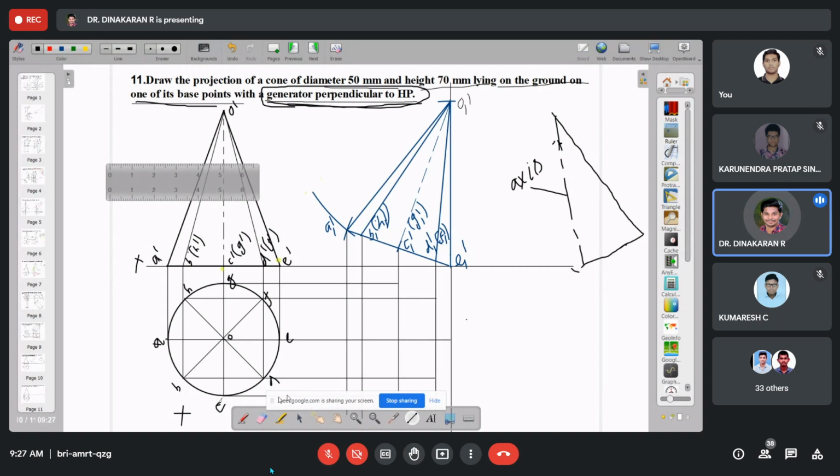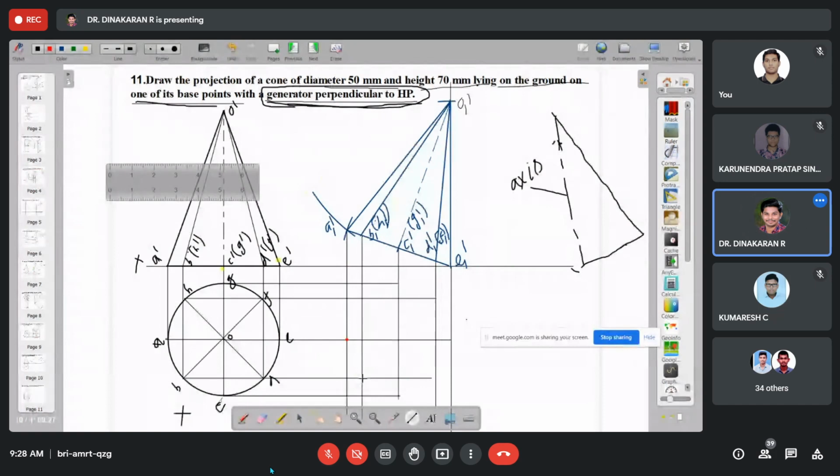So this A1 dash, first we mark the points. This A1 dash, and you check whether the points I'm matching are correct or not.